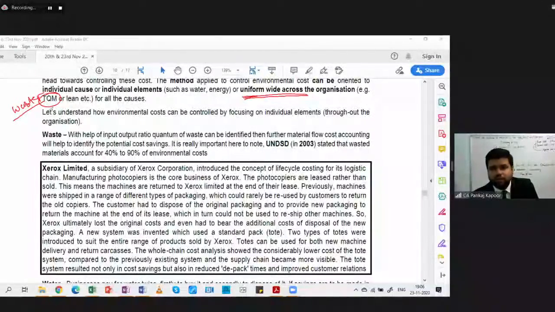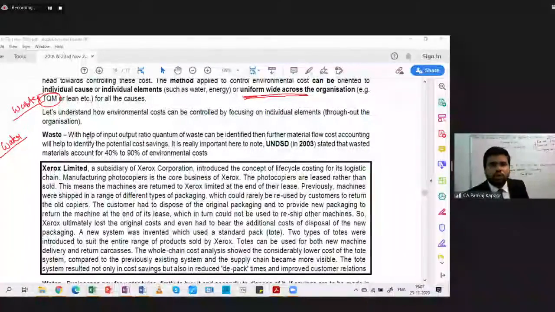This can be one way. Another way is to see the individual reasons and try to counter them: your waste is due to using extra water, or due to the wrong input output ratio, or due to transportation or some other factor, and try to counter that.